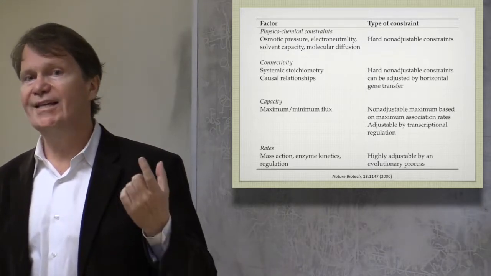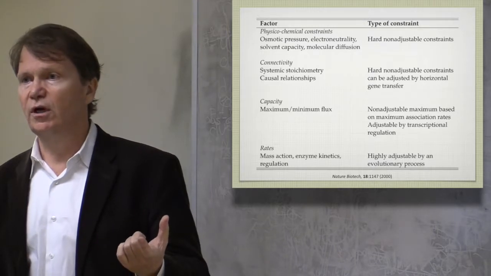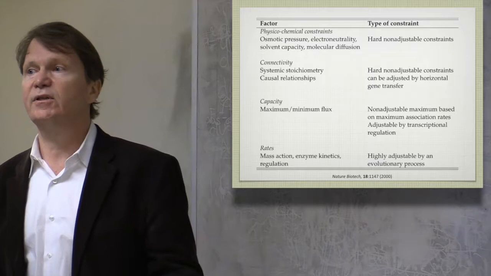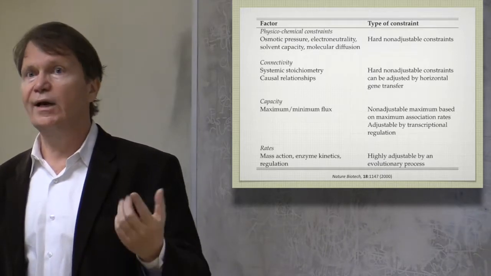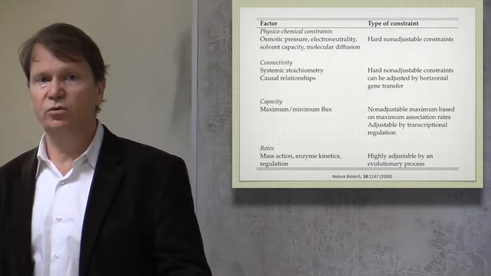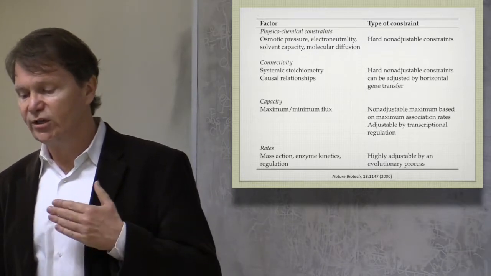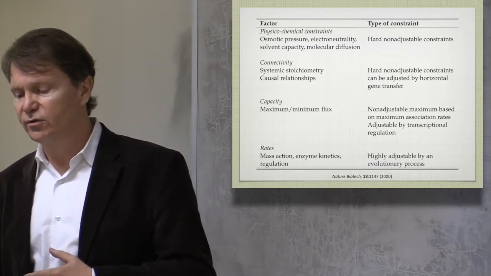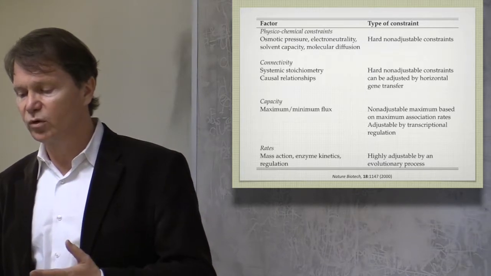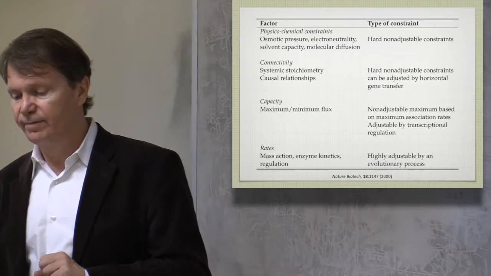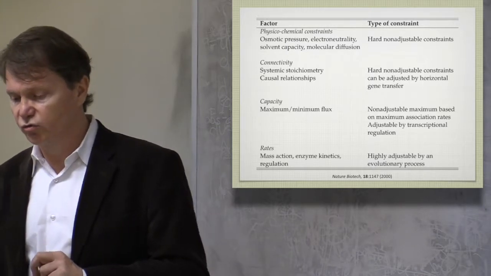So the topology can change with evolution. You can have segmental duplication of the same genes, and then asymmetric evolution of them, so one link may become two by that process too. It doesn't have to be horizontal gene transfer. But if you can define the stoichiometry and the network connectivity in a particular organism, these represent non-negotiable constraints.